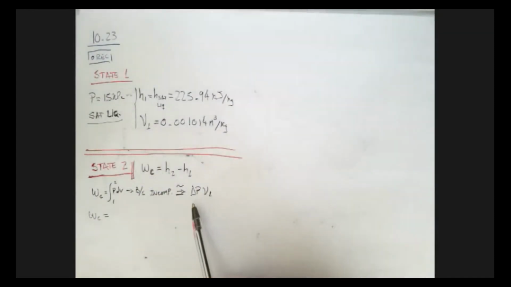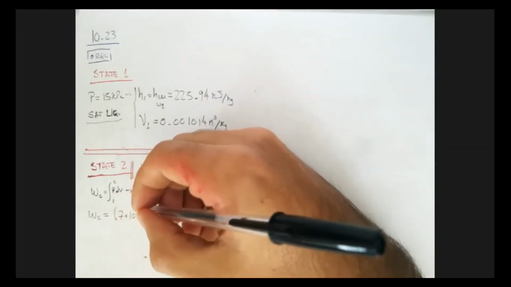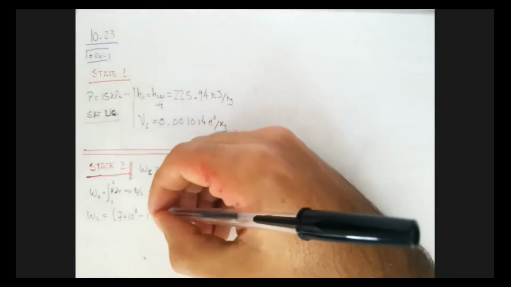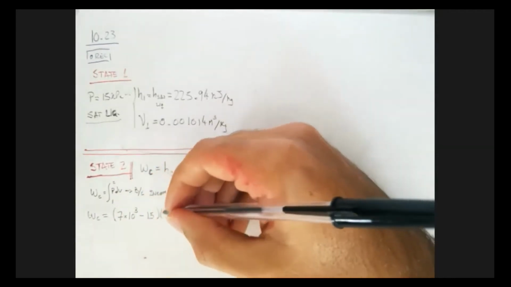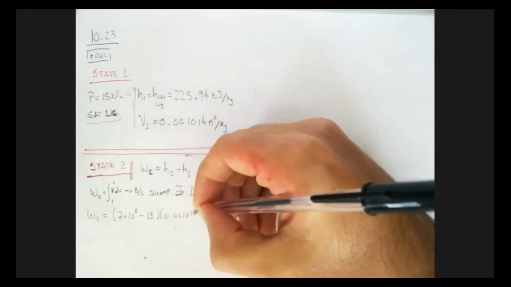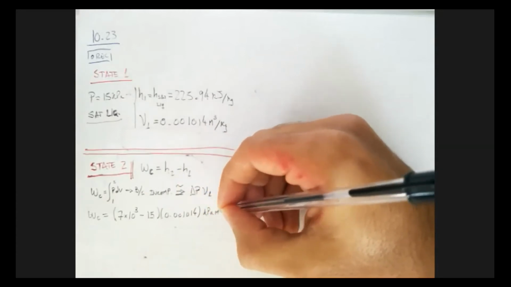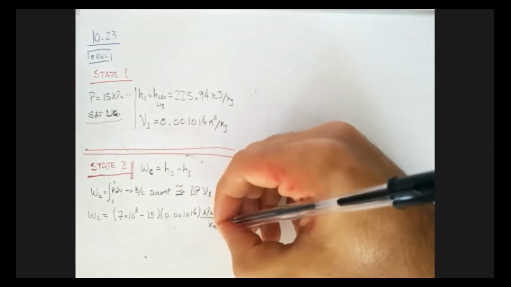I'm going from 15 kilopascals all the way to 7 megapascals. So 7 times 10 to the third kilopascals minus 15 kilopascals times 0.001014, in kilopascals times meters cubed over kilograms.